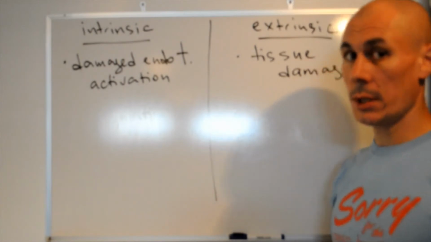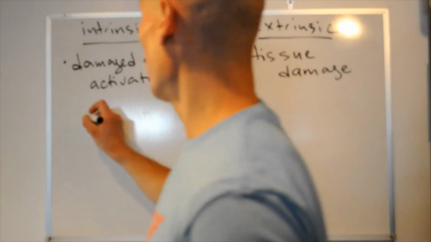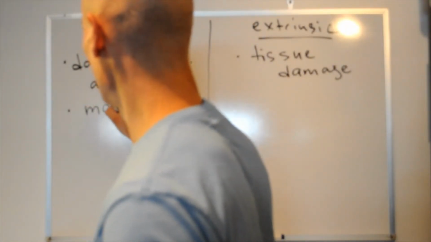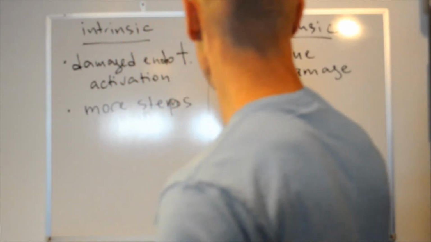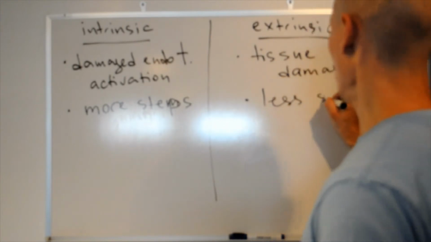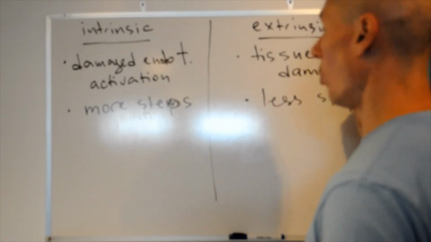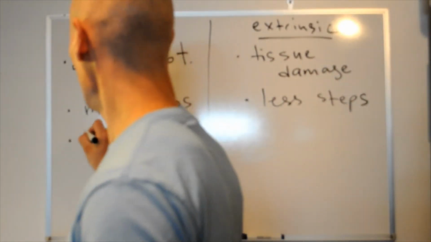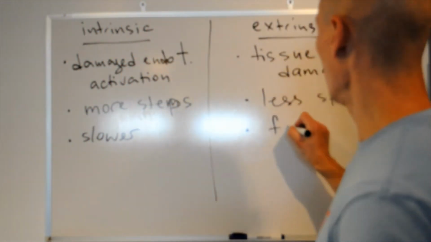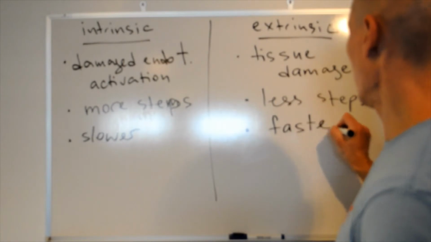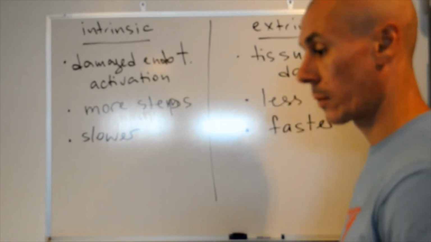The intrinsic pathway has more steps, and since it has more steps, it is slower than the extrinsic pathway.